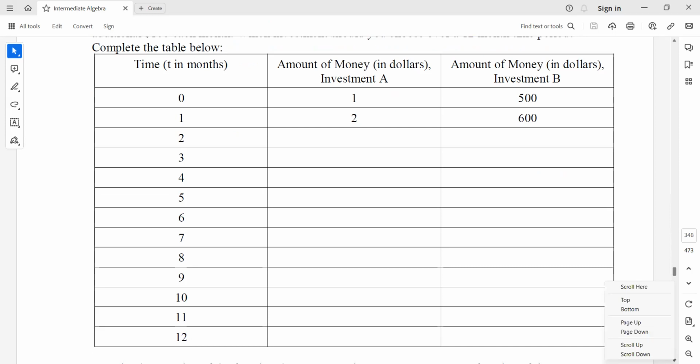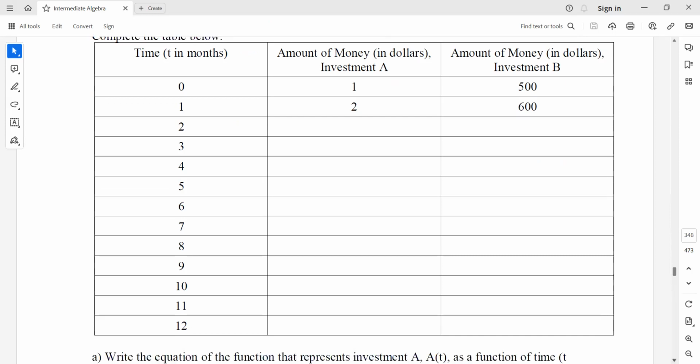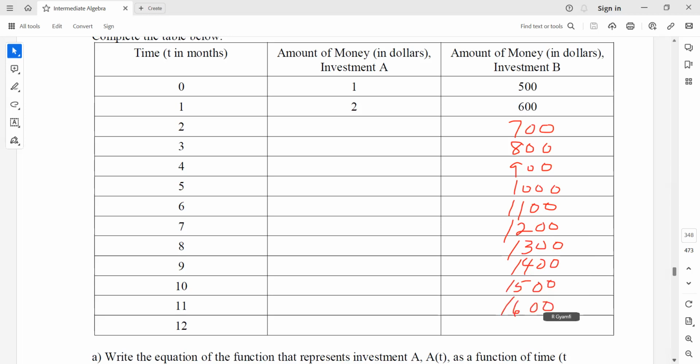So you're going to have 700, 800, 900, 1,000, 1,200, 1,300, 1,400, 1,500, 1,600, 1,700. So that's what we have.